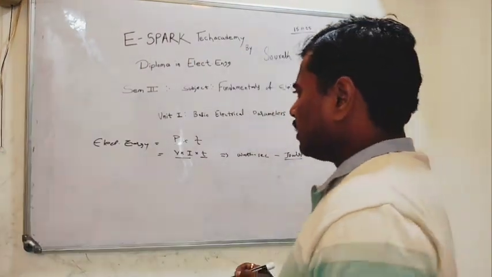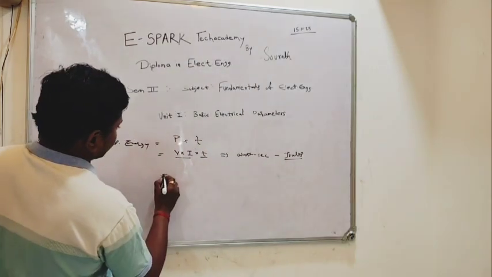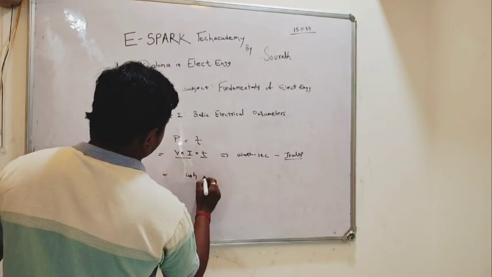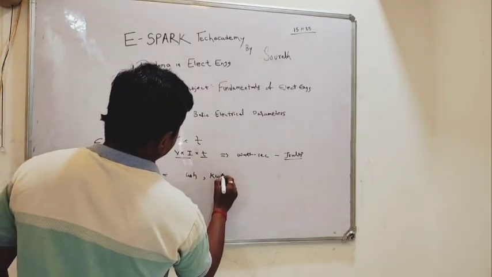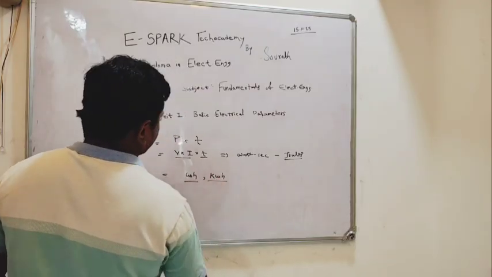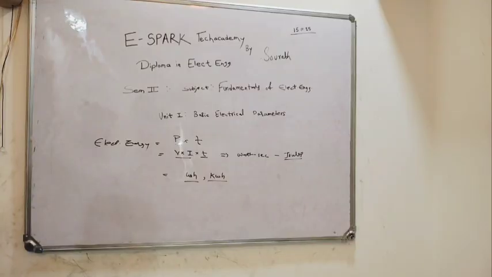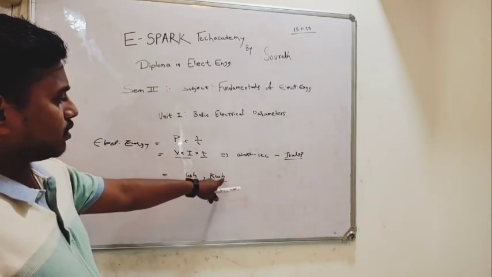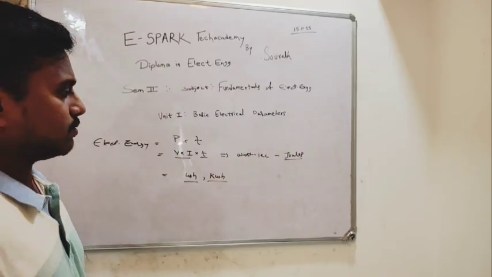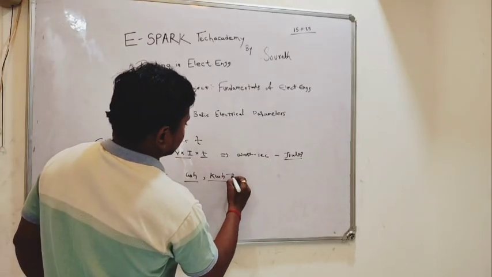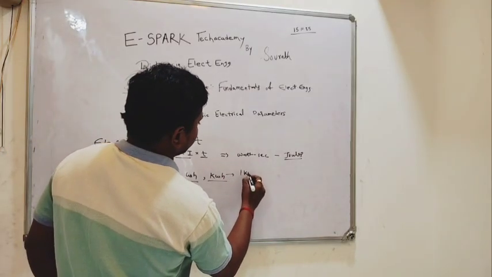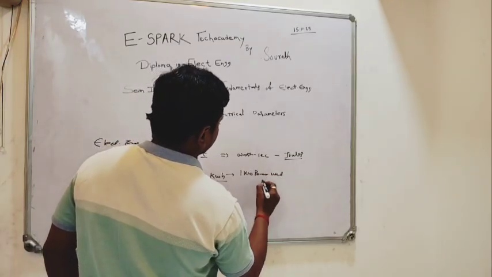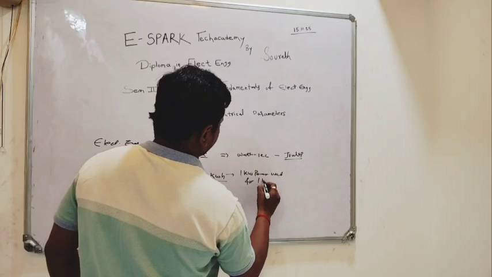Now the electrical energy is expressed in watt hour, kWh. It is nothing but 1 kilowatt power being used for 1 hour.